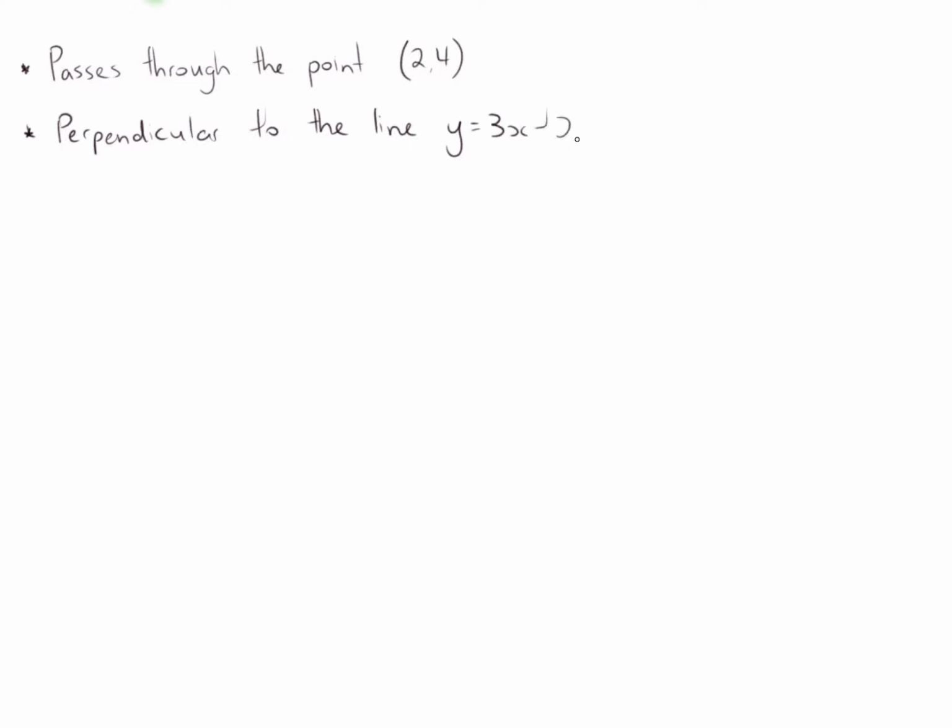Now this line passes through the point (2, 4) and is perpendicular to this line, the line represented by y equals 3x minus 2. So, what is the equation? That's what we're trying to figure out.